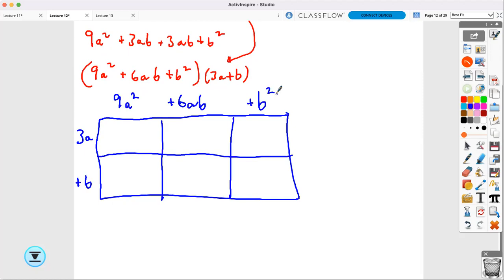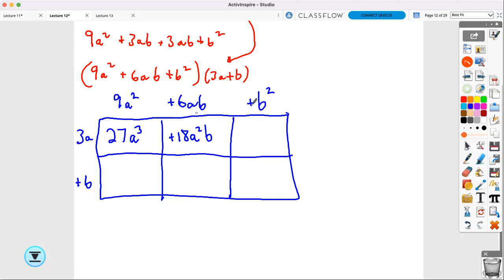Alright. Let's go ahead and multiply together. 3 times 9 is 27. A times a squared is a cubed. 3a times 6ab, so 3 times 6 is positive 18. A times a is a squared, and we still have one b there, so bring it there.